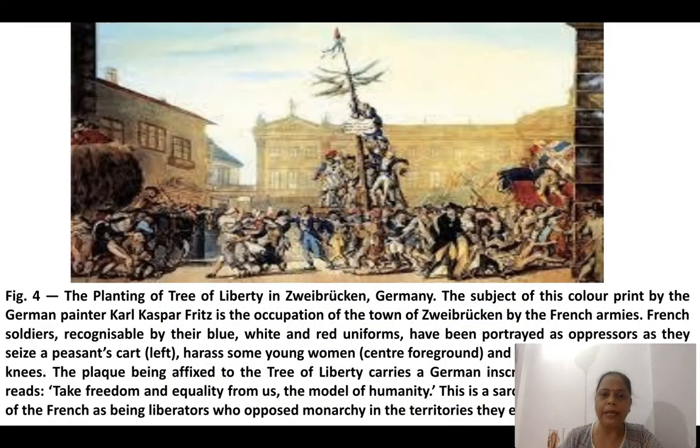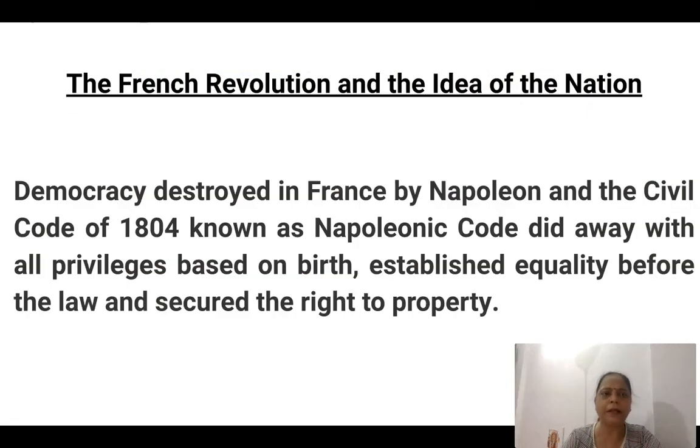Napoleon became the ruler. When Napoleon became the ruler of France, he introduced many changes, and ultimately people thought that after the French Revolution, the idea of nation and democracy was destroyed in France by Napoleon, because Napoleon was not following the democratic pattern.